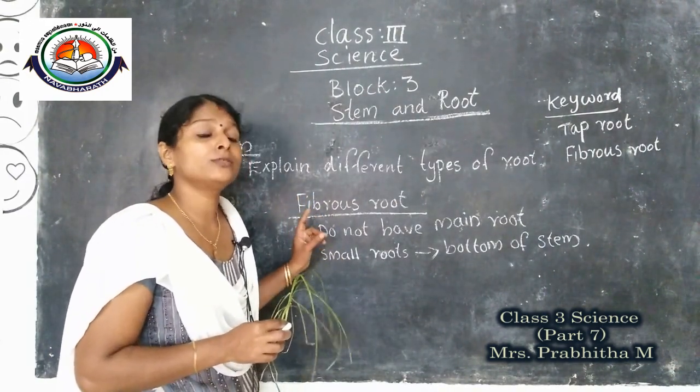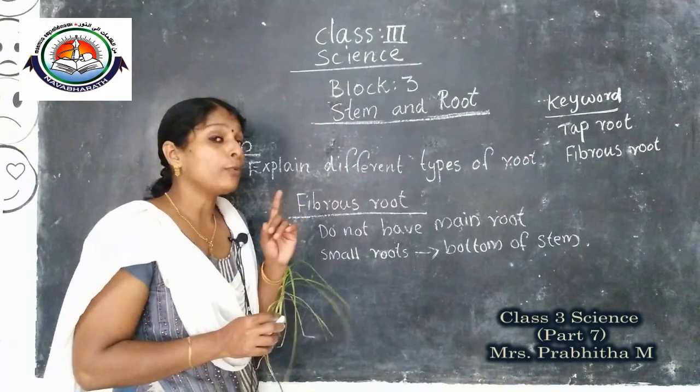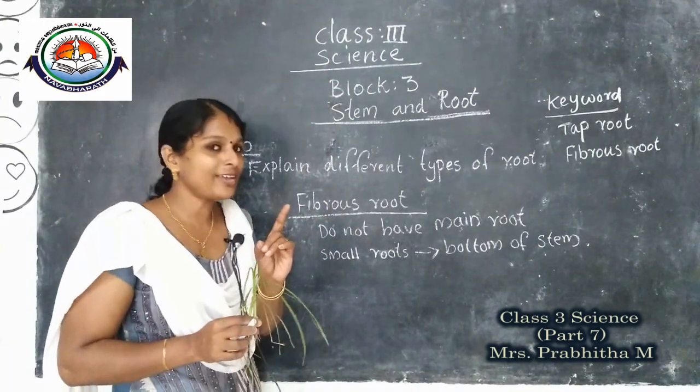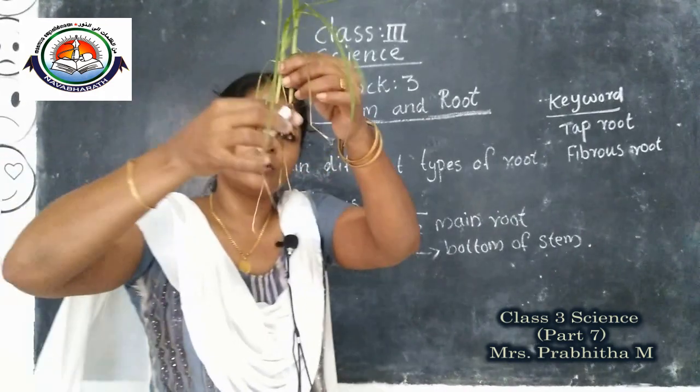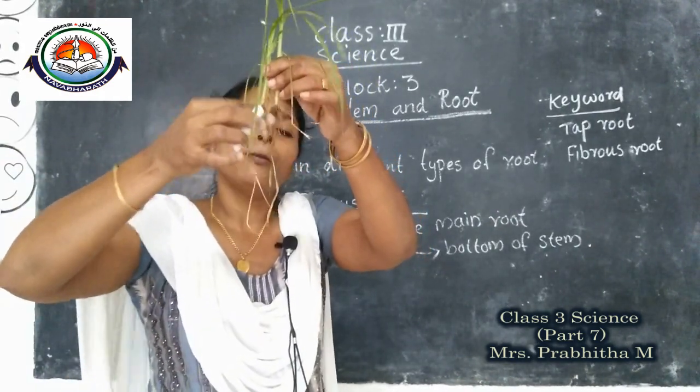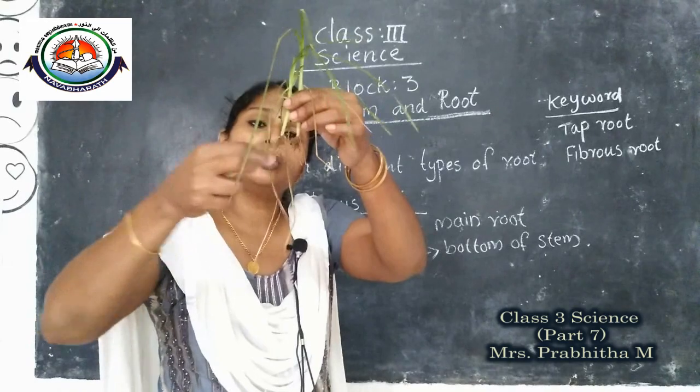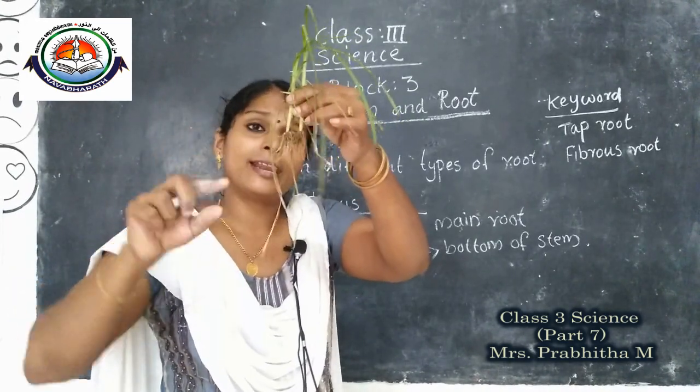Some small roots are coming from the bottom of the stem. So we know there is no main root. All are small roots coming from the bottom of the stem and spreading in different directions.